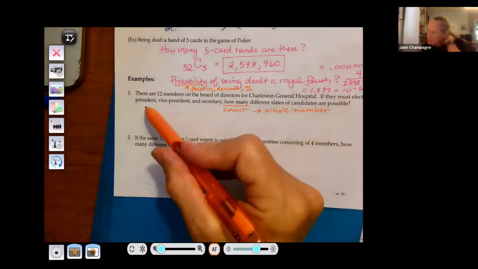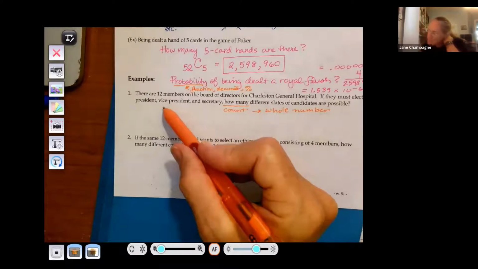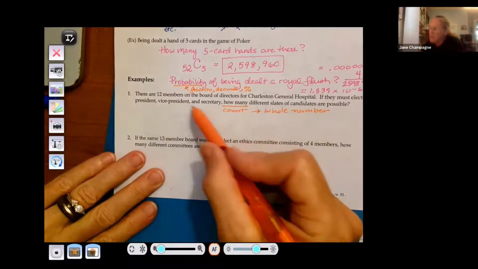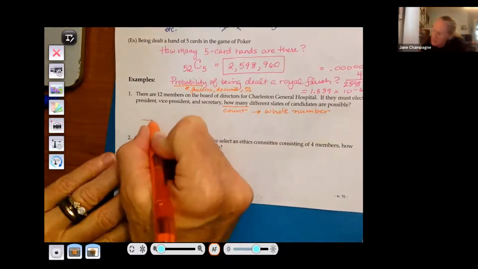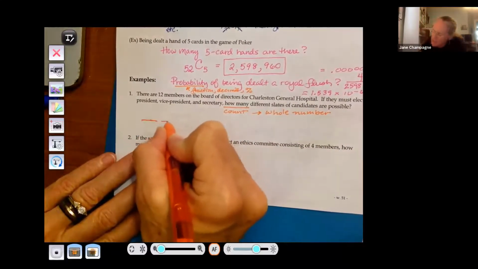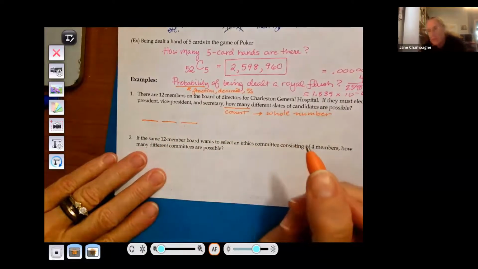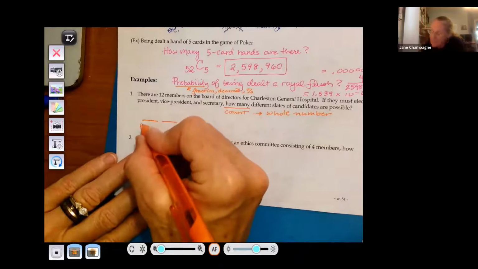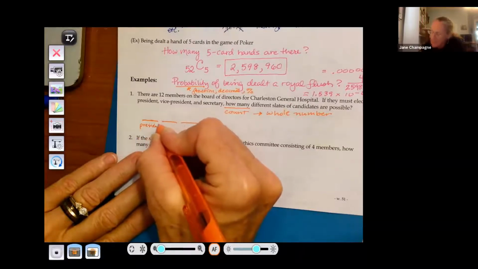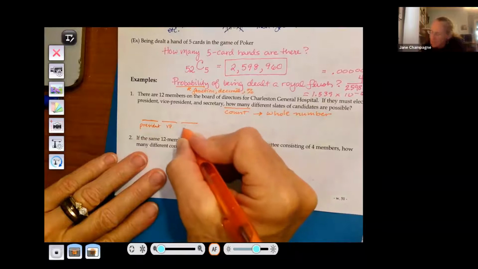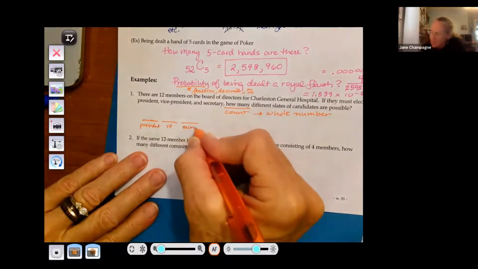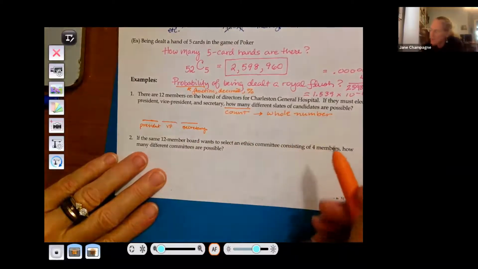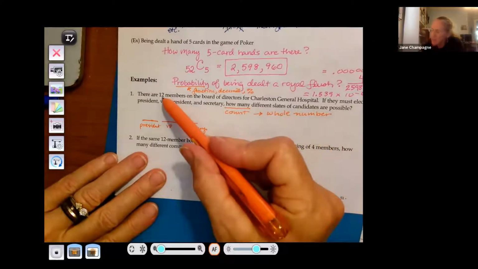So if you want to know how many ways we can elect a president, vice president, and secretary, well, we've got 3 choices here. One way you could do this is just the fundamental counting rule. You could say, well, I've got these 3 positions: president, vice president, and secretary. How many choices or options do I have for each? Well, there's 12 members.